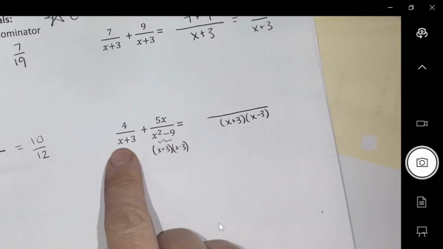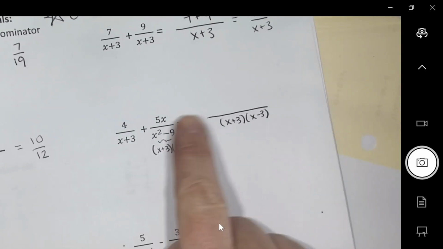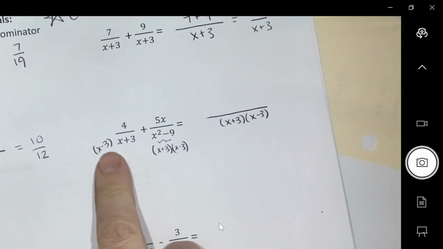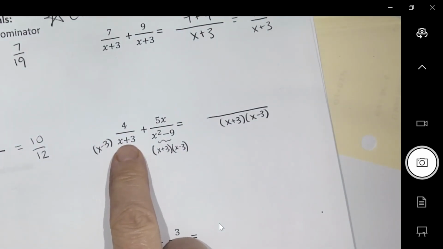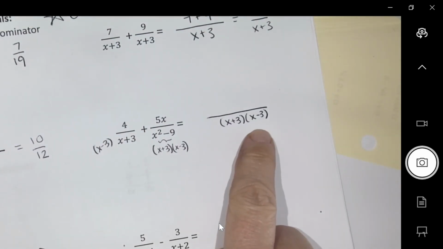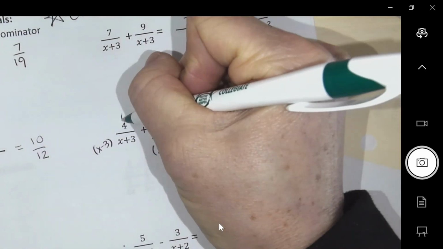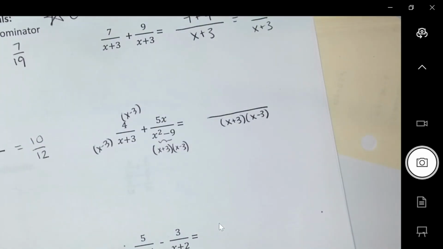Okay, so what did I do to this bottom? I times it by an x minus 3. It was an x plus 3, and now it's x plus 3, x minus 3. So I times it, which means I have to also multiply the top.